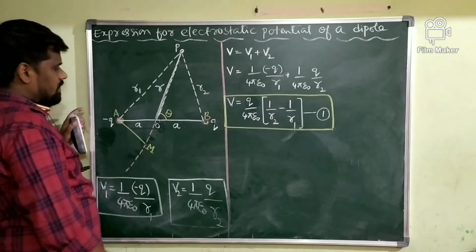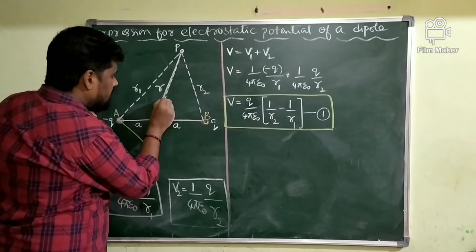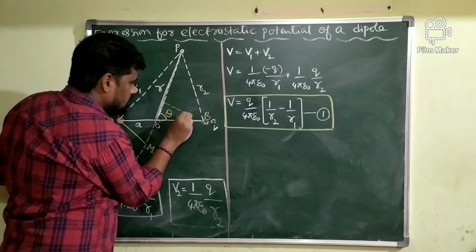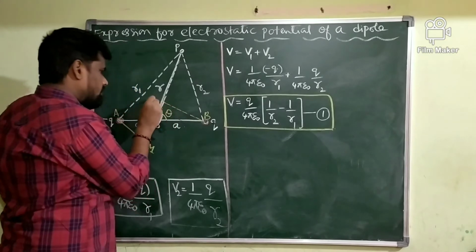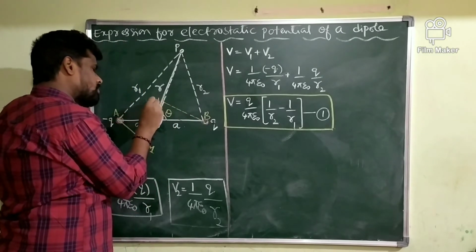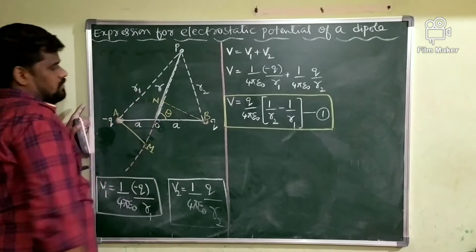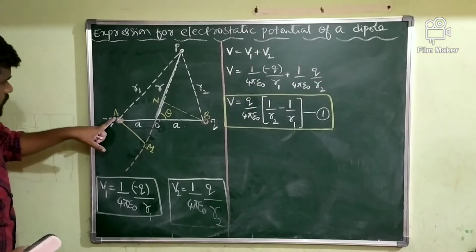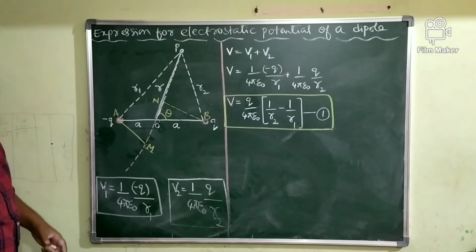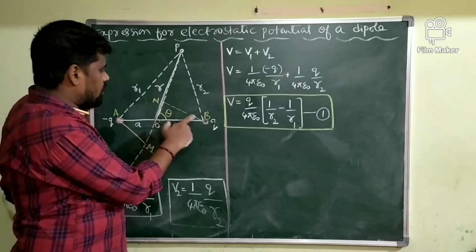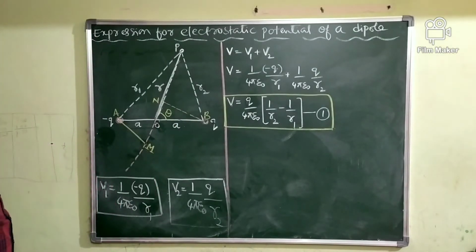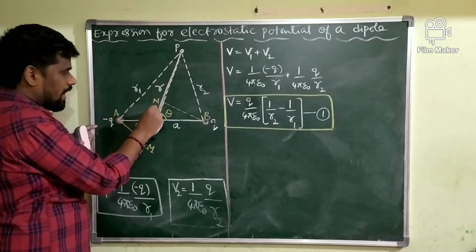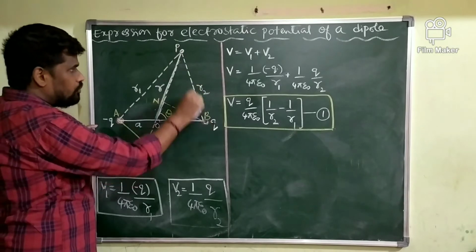Simultaneously, I will draw BN perpendicular on this one. So that PN is numerically equal to PB.